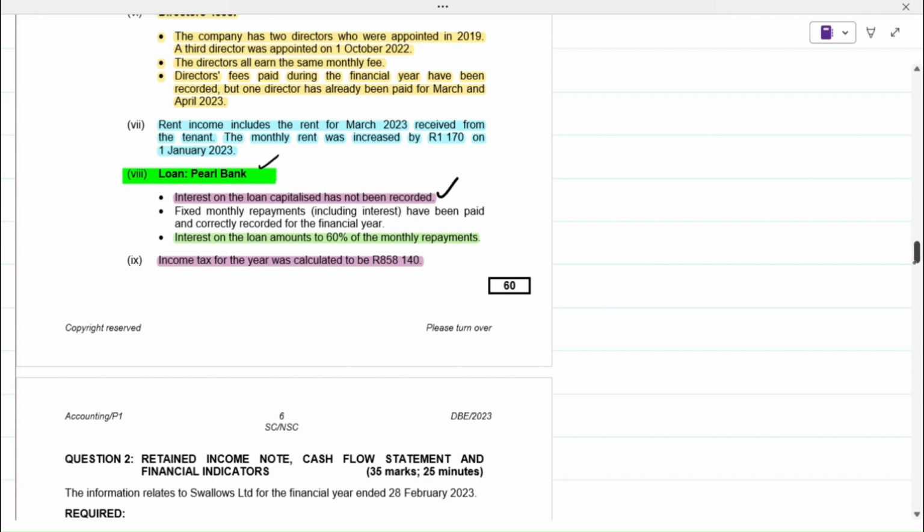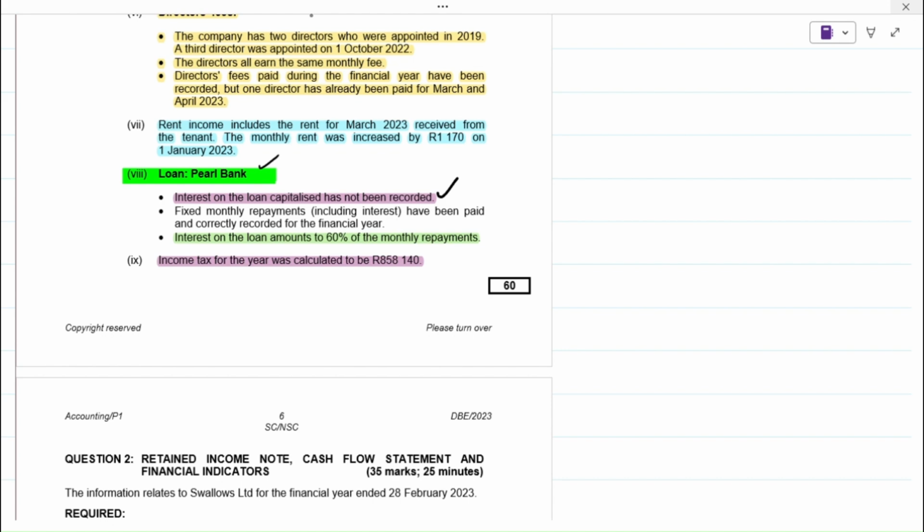Because I'm now focusing on your statement of financial position, under your non-current liability and current liability, but in a scenario like this we are also going to have to account for it in our statement of comprehensive income, as interest expense, because it was not recorded.